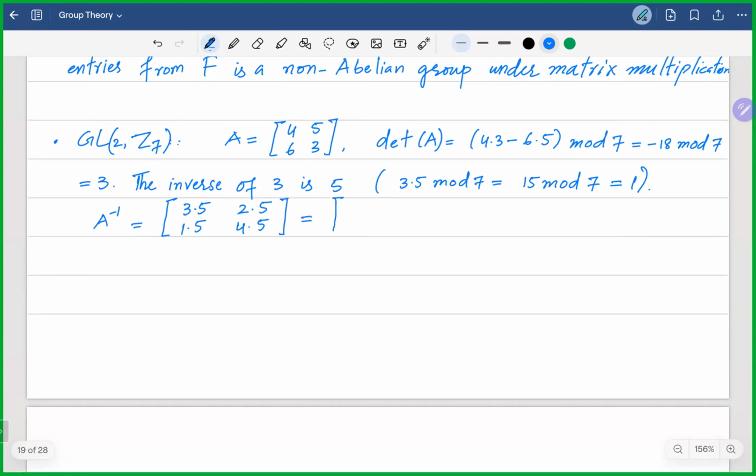And this becomes, under modulo 7, 1, 3, 5, 6. And A into A inverse is indeed an identity matrix inside GL2 Z7.